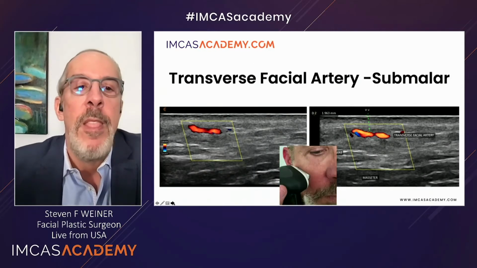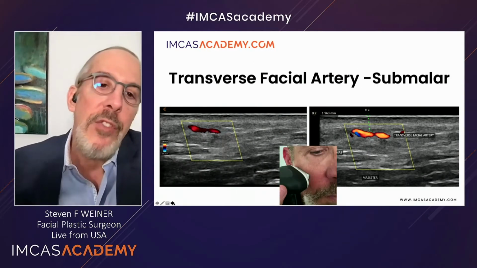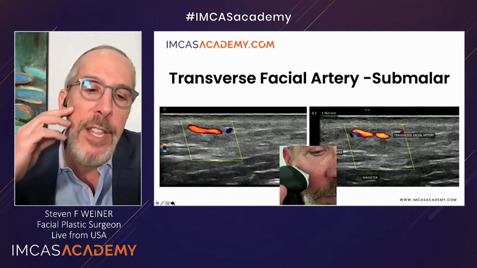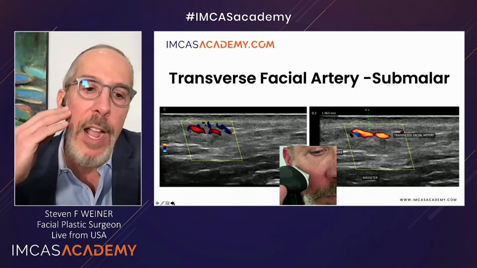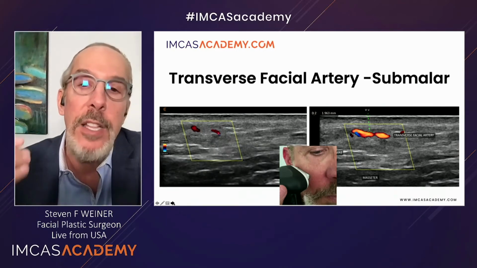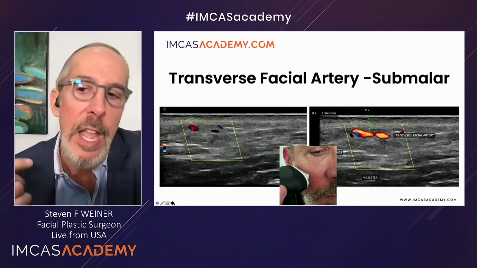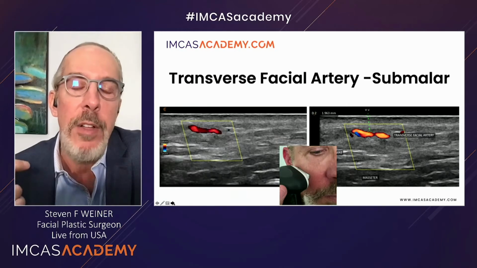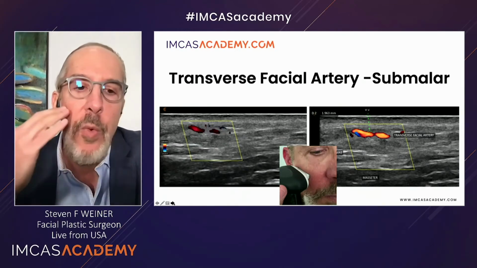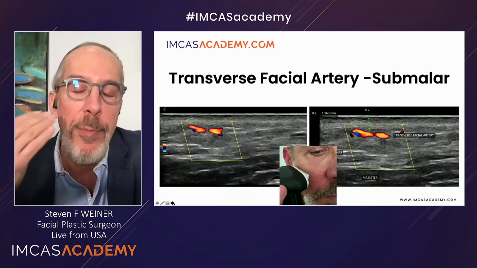So this is the transverse facial artery, and this is in the submalar area. And I want to point out that this is a very superficial artery as you go more medially, and it's been the cause of multiple occlusions when you're very subcutaneous in this area. So just be careful.